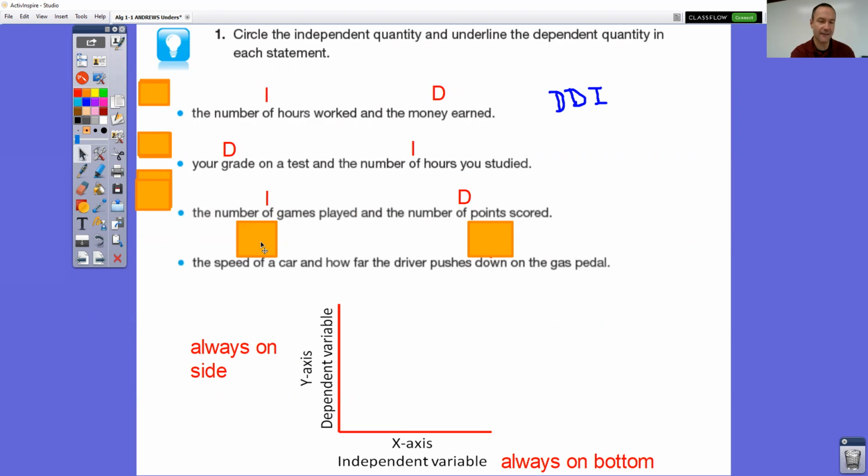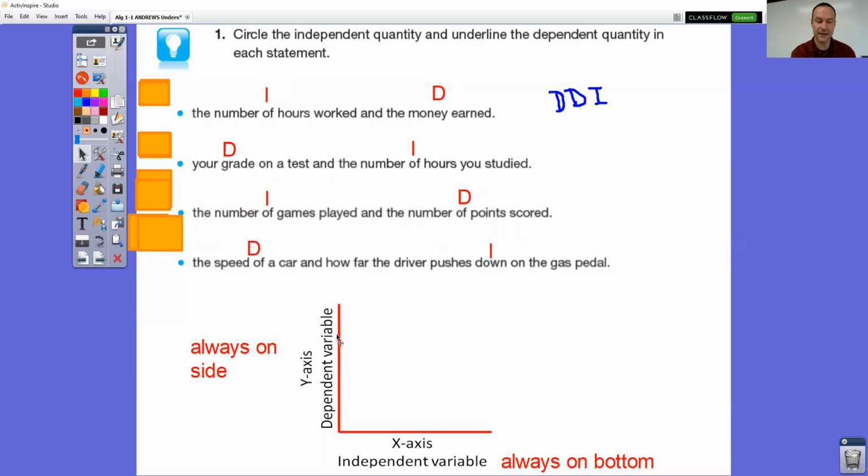Now, this one doesn't have a unit of time, but the dependent, the speed of the car, depends on how far you push down the gas pedal. If you push down the gas pedal farther, you're going to go faster. If you push down the gas pedal less, you're going to go slower. So the speed of the car is the thing that is changing. So that is the dependent.